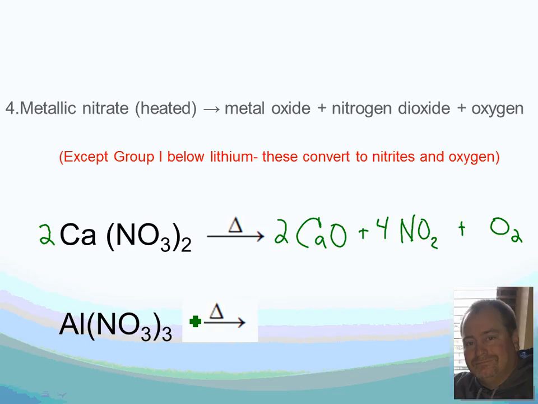Here is aluminum nitrate. So what am I going to have formed here? What's my metal oxide? Aluminum oxide, plus nitrogen dioxide plus oxygen.